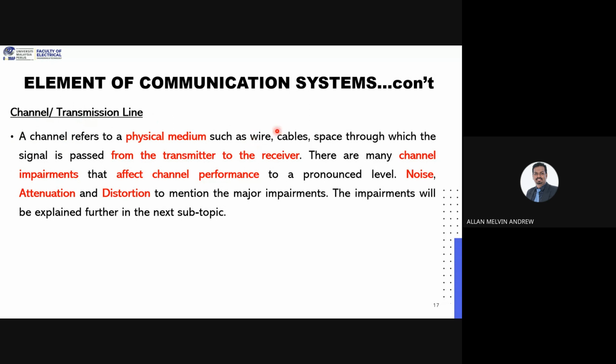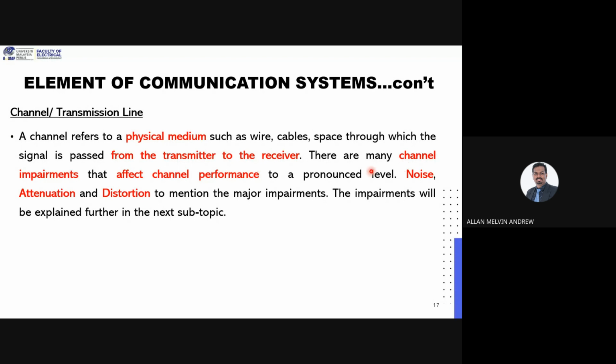So it can be wires, the normal wires that we can see, and it can be cables like a LAN cable that we are using for internet. So it can also be a space through which the signal is passed from the transmitter to the receiver. So as long as you have a transmitter and receiver with all the setup, and you have a medium for the transmission to happen and the receiving to happen, it is possible.